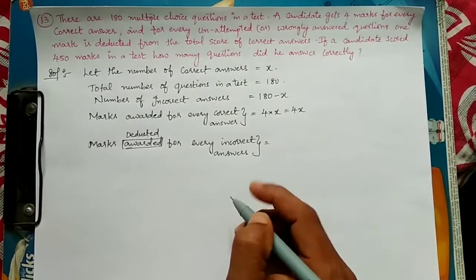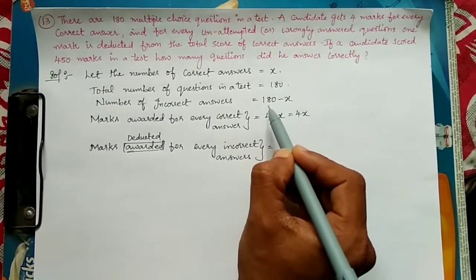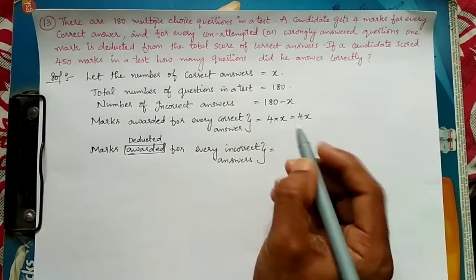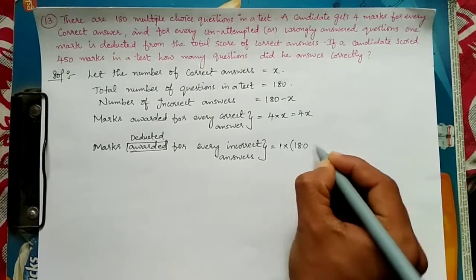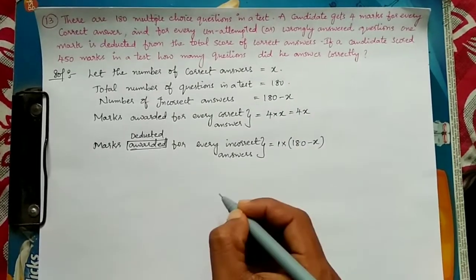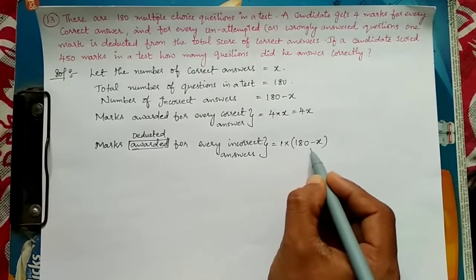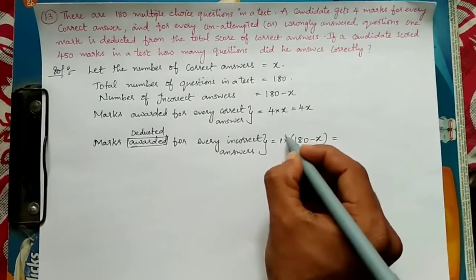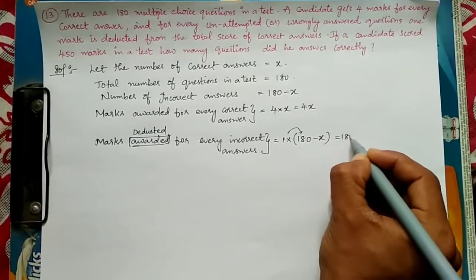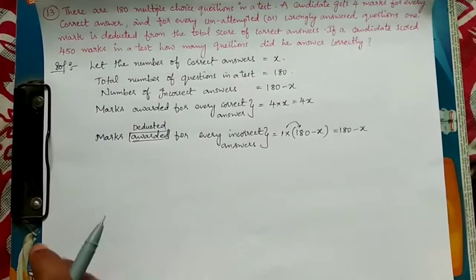And how many incorrect answers are there? 180 minus x. That means 1 mark is deducted for every incorrect answer, and the number of incorrect answers is 180 minus x. That implies 1 into 180 is 180, minus 1 into x is x.